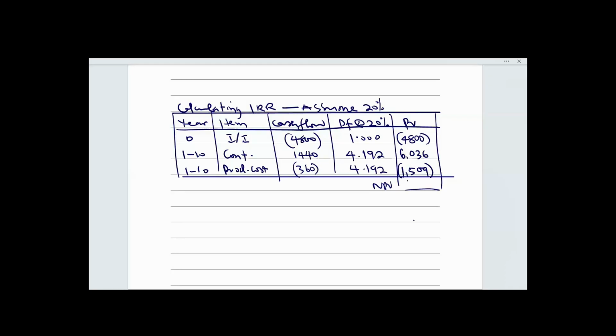273 negative. So we assume 20% discount rate. We got a negative NPV. Therefore, we are going to assume 17% as our second discount rate.